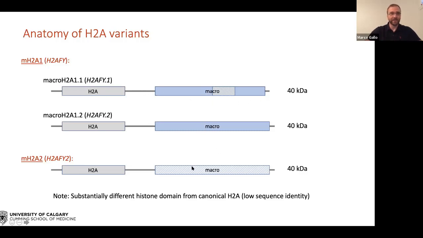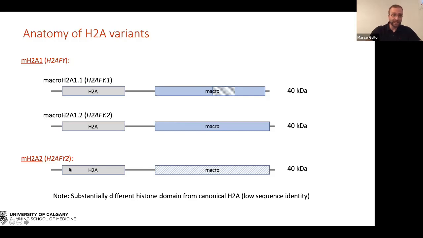Okay, so imagine what happens to chromatin when you exchange core histone H2A, which is about 17 kilodaltons, for one of its variants, which is 40 kilodaltons, and there's this big macro domain sticking out of the nucleosome. Multiple papers have shown that this kind of substitution with the histone variant really changes chromatin structure and the transcription levels of downstream genes.